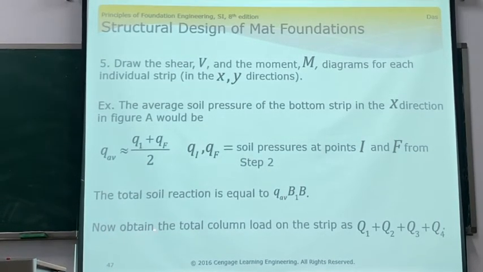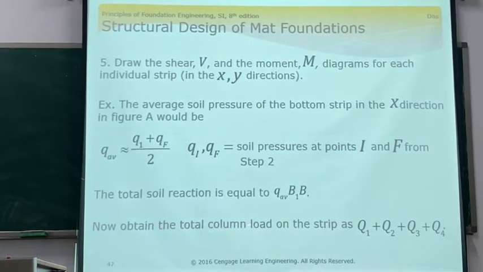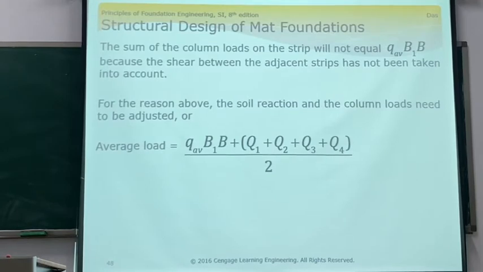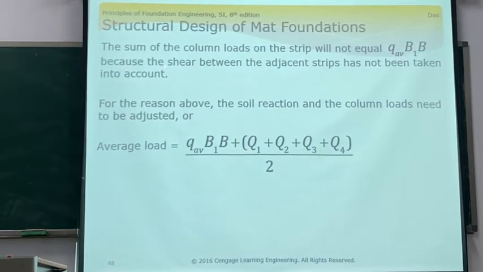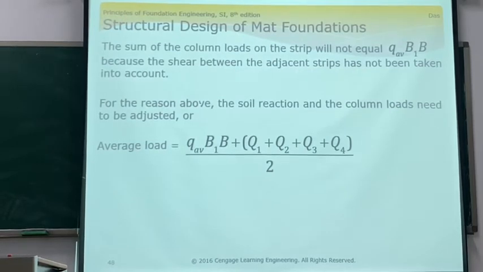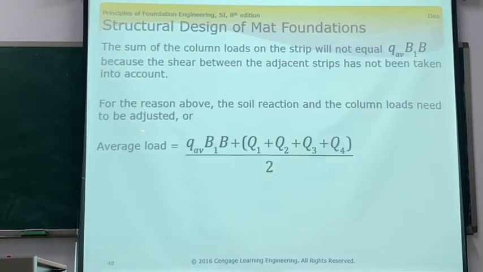Now we can obtain the total column load on the strip as Q1 and Q and so on. So the sum of the column loads on the strip will not equal the soil reaction because the shear between the adjacent strips has not been taken into account. So for this reason, the soil reaction and the column loads need to be adjusted.